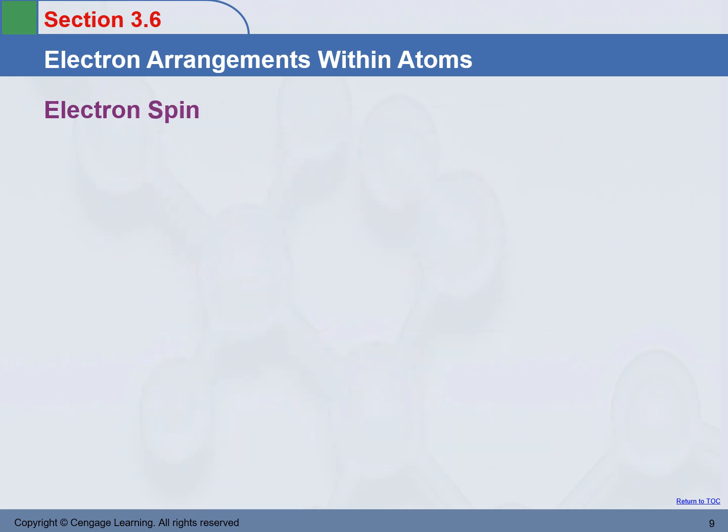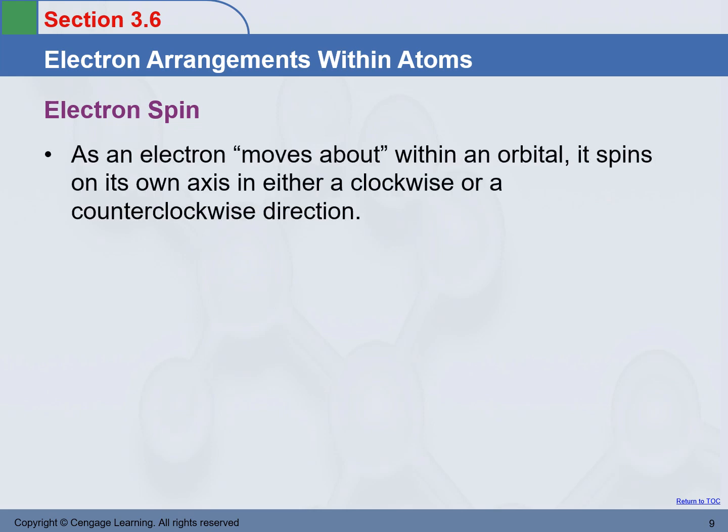One last job before we finish the tour inside an atom. We saw electrons inside the orbitals, but how are they staying there? While they're moving around constantly, we also can find out that they are spinning. Electrons spin. We use either clockwise or counterclockwise to identify the direction of the electron spin.